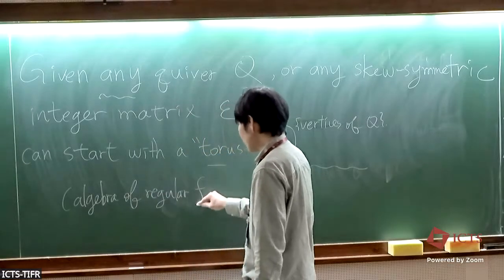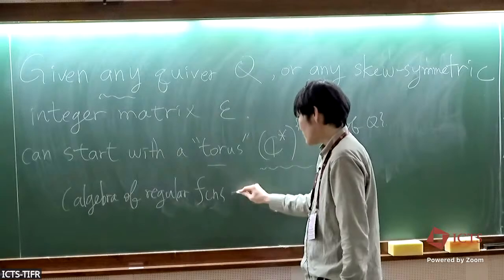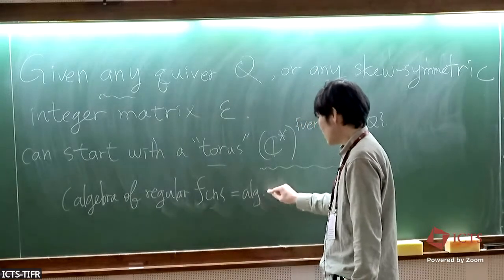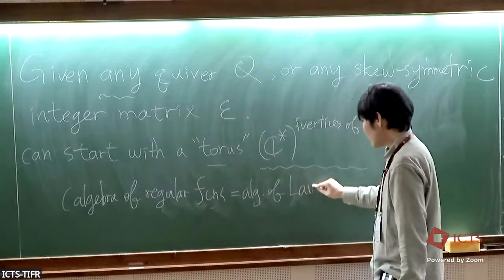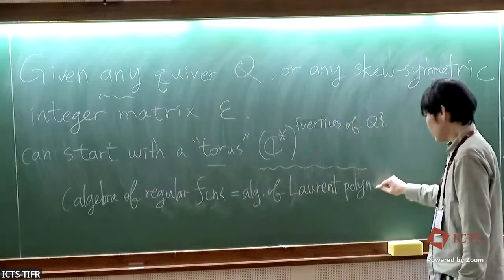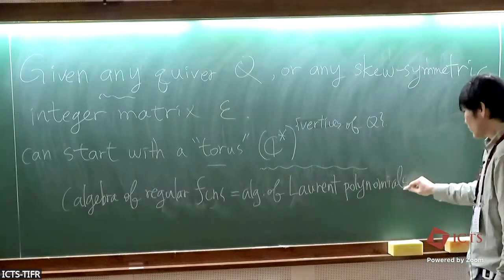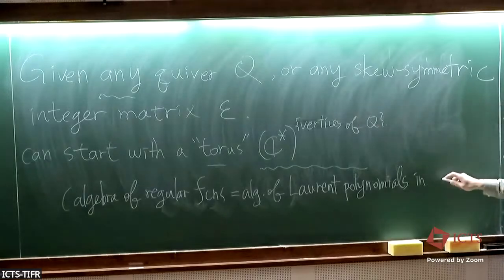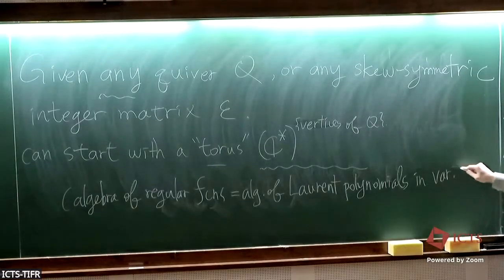So the algebra of regular functions on this torus is just the algebra of Laurent polynomials in variables enumerated by the vertices of your quiver.